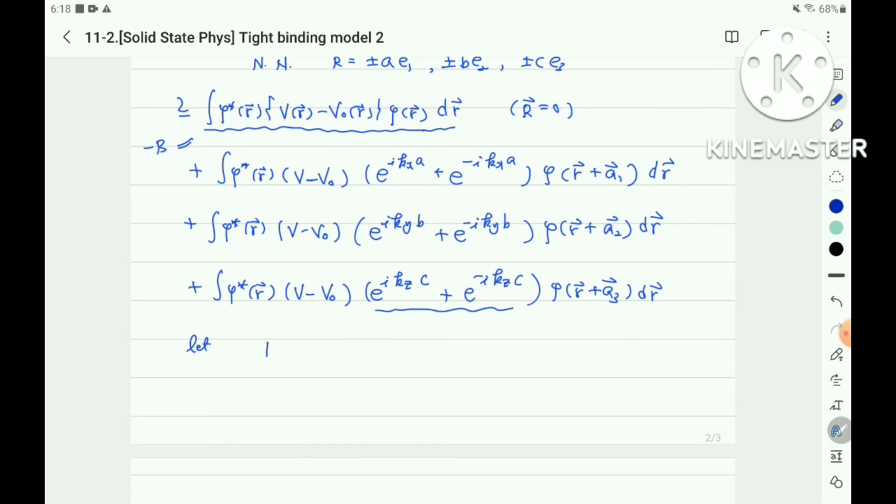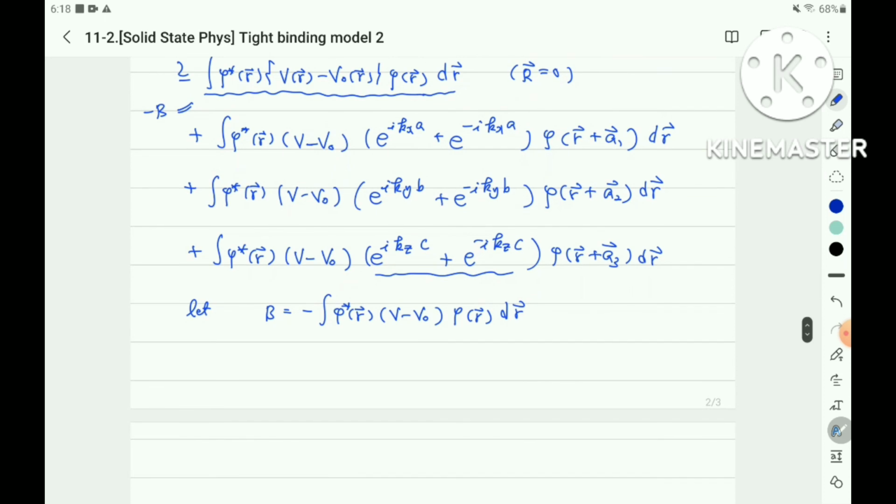And b is minus the integral of phi star r, V minus V0, phi r. It is an on-site interaction, and tx means the transfer of electron: minus phi star r, V minus V0, and phi r plus a1.